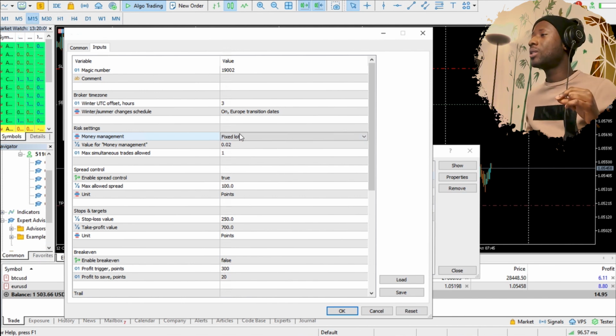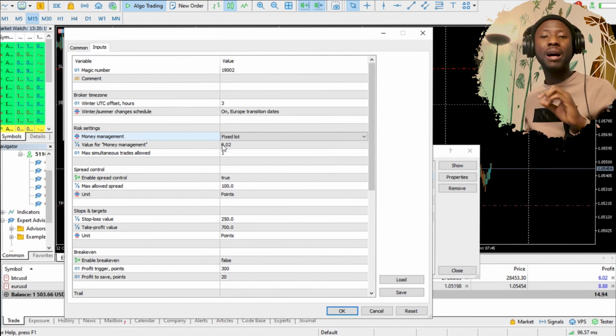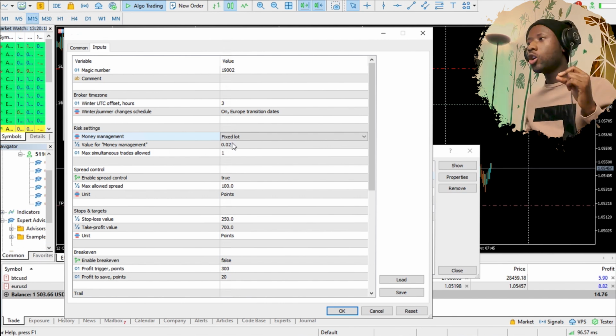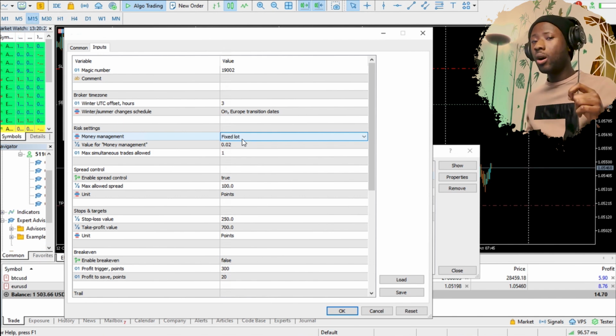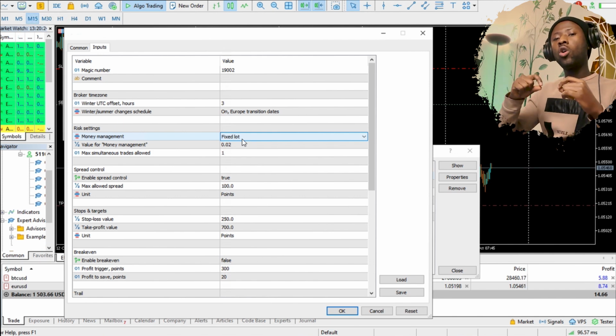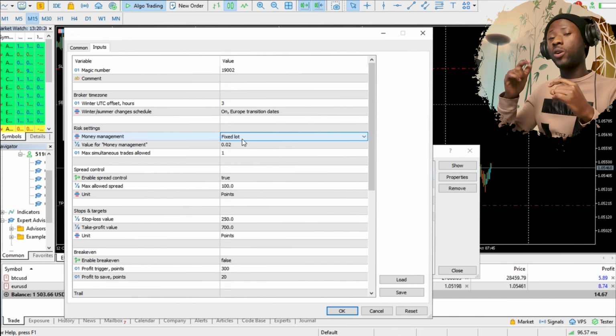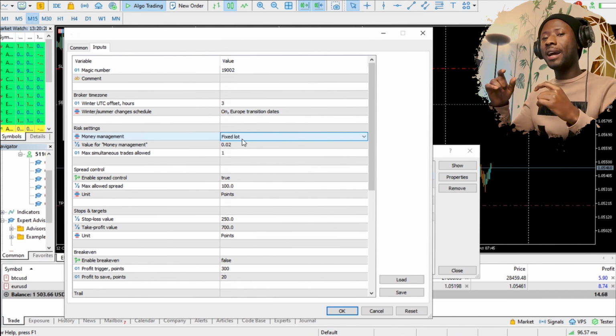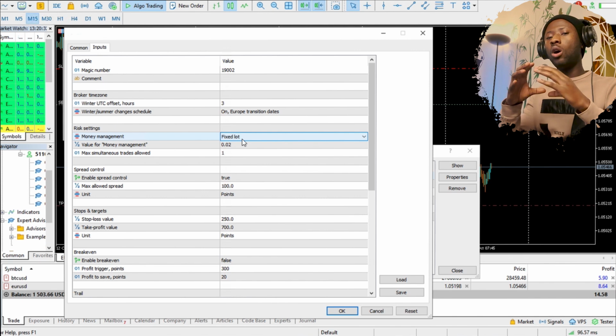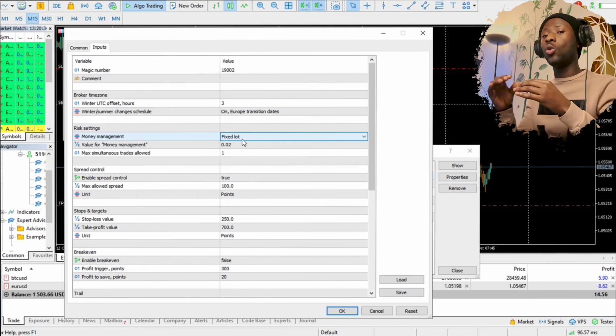In other words, when you set your robot to AutoLot, now this second parameter here doesn't matter anymore. Why? Because when it's set to AutoLot, your robot will be increasing your lot size based on the amount of capital or balance that you have.